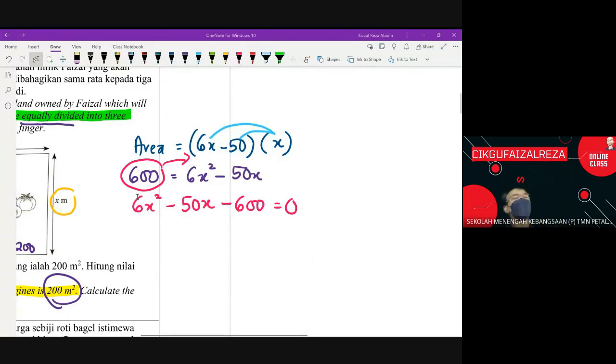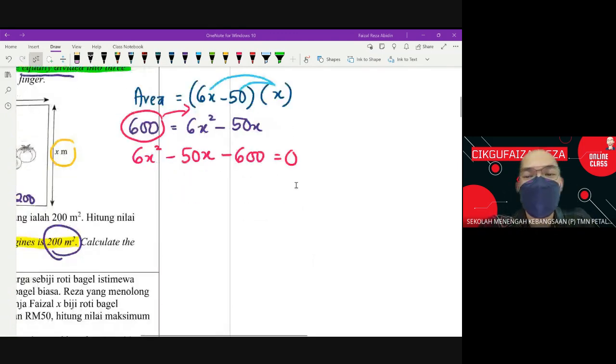This one has a square. What should I do? Supposedly you have to do factorization, am I right? Factorization, if you do not know how to do it, you can use your calculator.